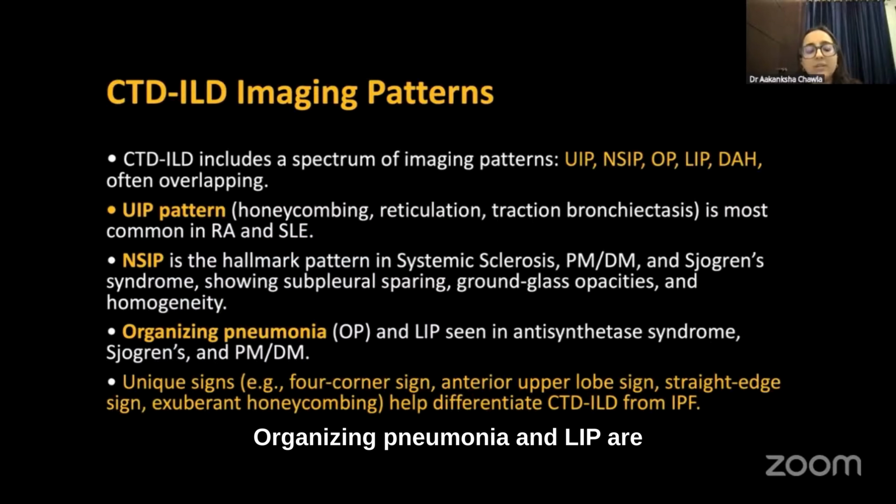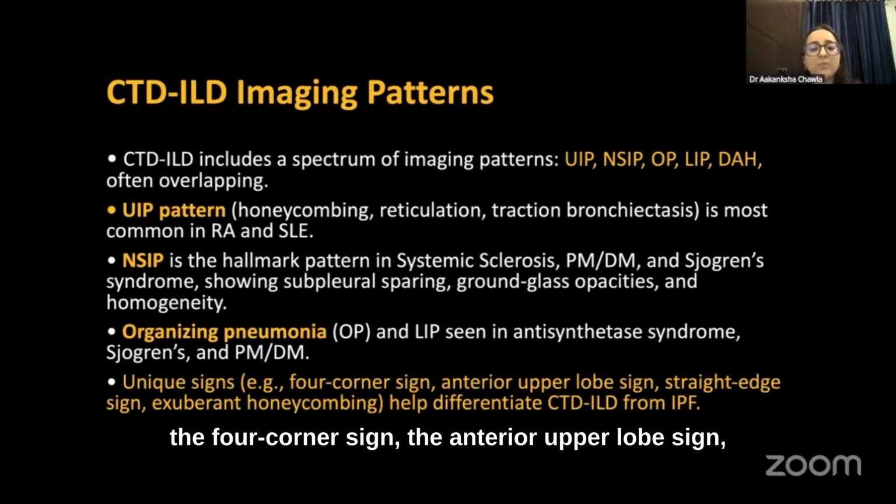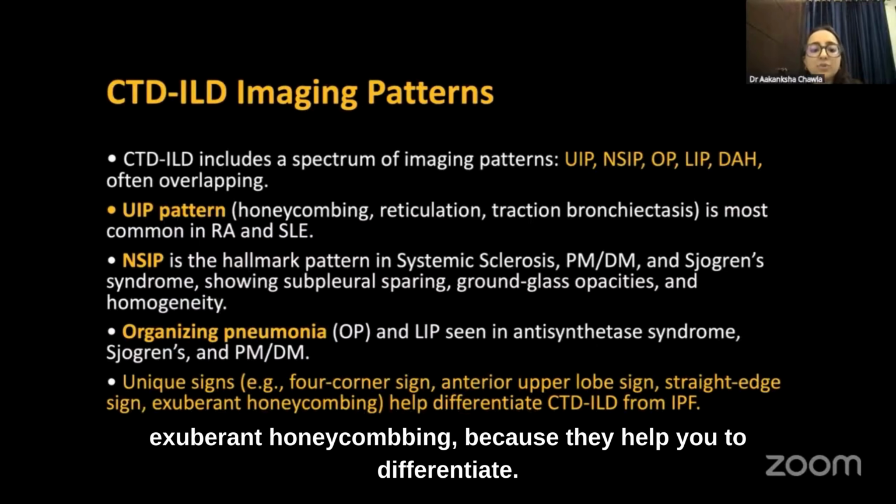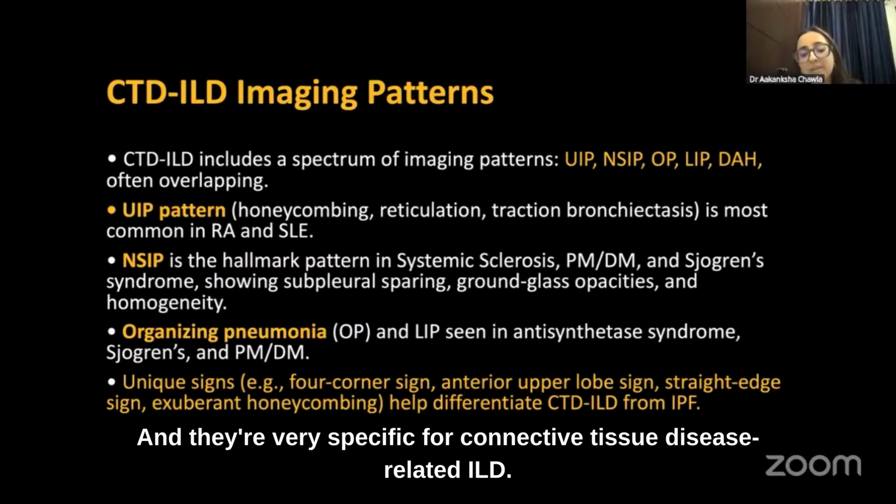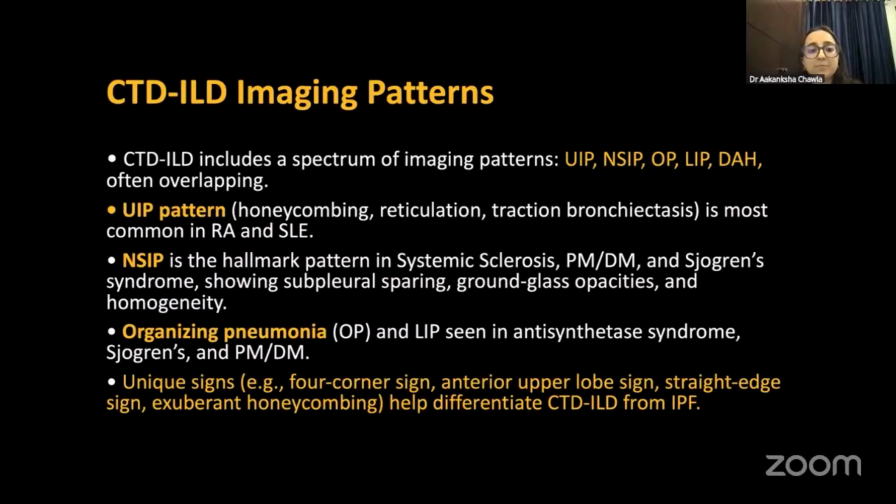Organizing pneumonia and LIP are seen in antisynthetase syndrome, Sjögren, as well as polymyositis and dermatomyositis. Always remember the unique signs: the four corner sign, the anterior upper lobe sign, the straight edge sign, and exuberant honeycombing, because they help you differentiate, and they are very specific for connective tissue disease related ILD.